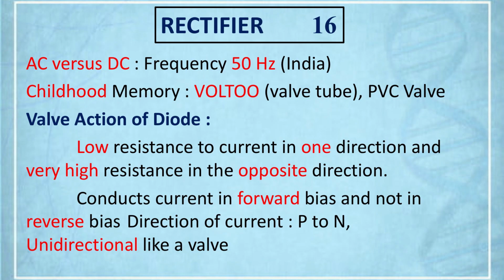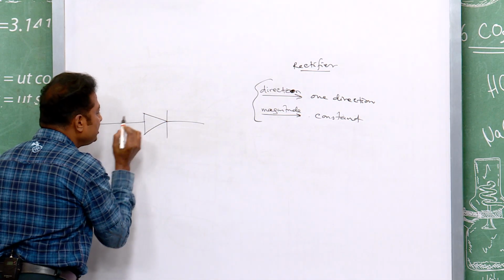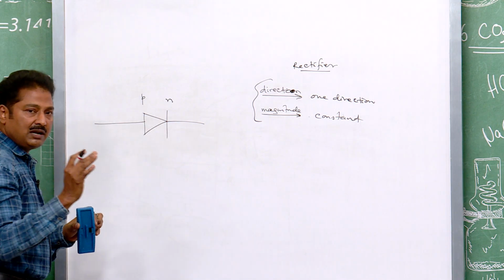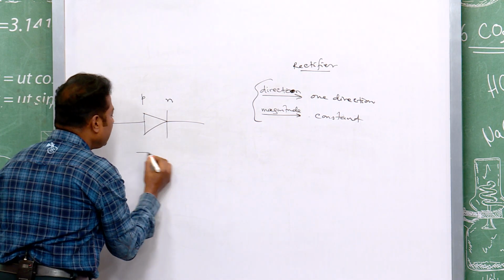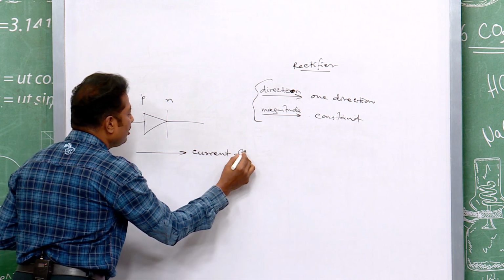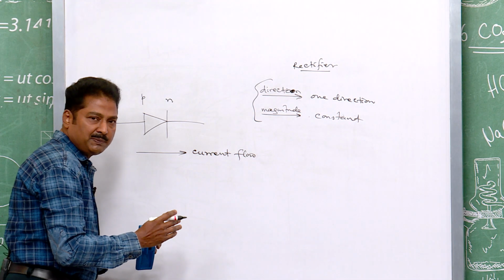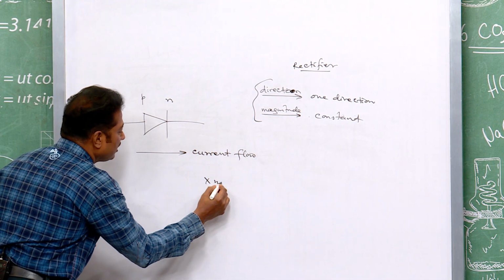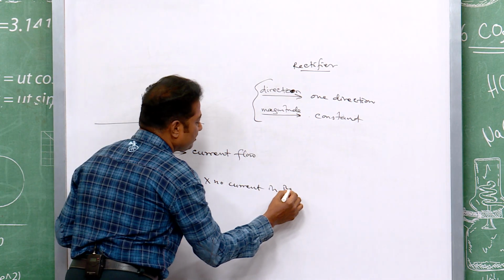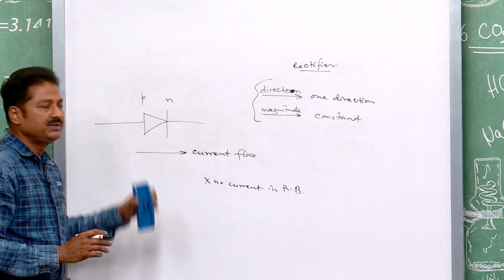This property gives us this situation. What is the situation? If it is P and N, if current flows, then it can flow in the P to N direction only. If it is reverse biased, then there is no current. So, this is the unidirectional property of the diode.